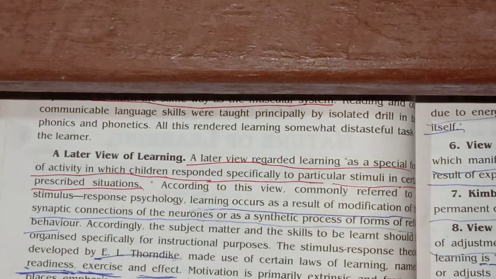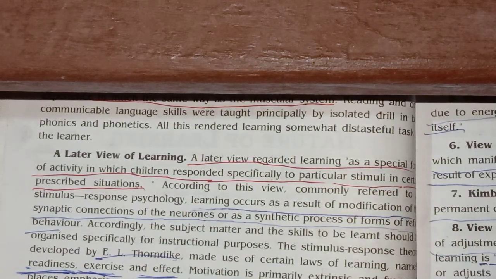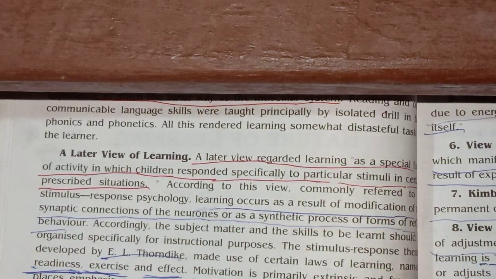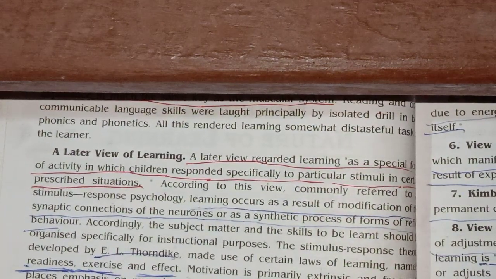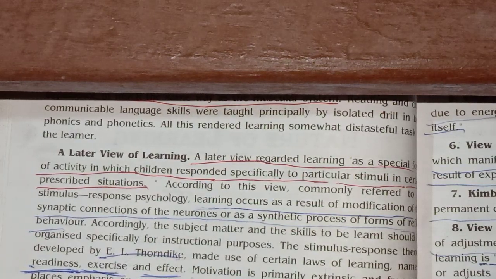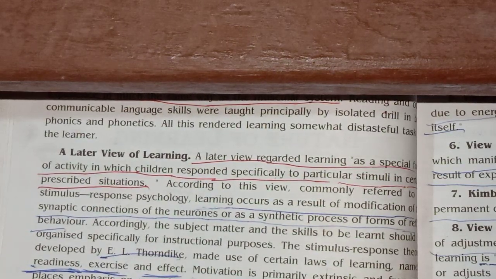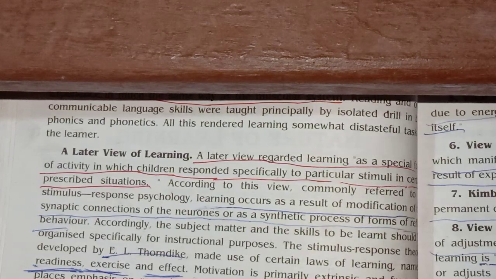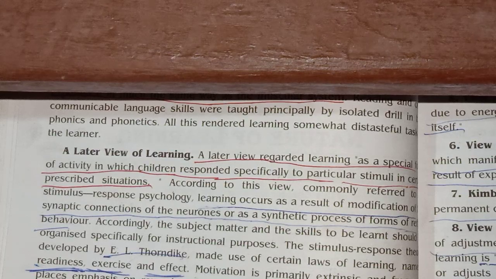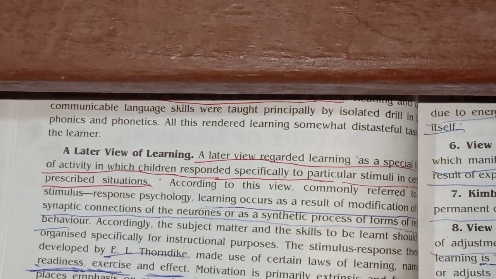So in the later view, it was thought that the learning process is a spatial kind of activity in which children respond spatially to a particular stimulus in a certain prescribed situation.